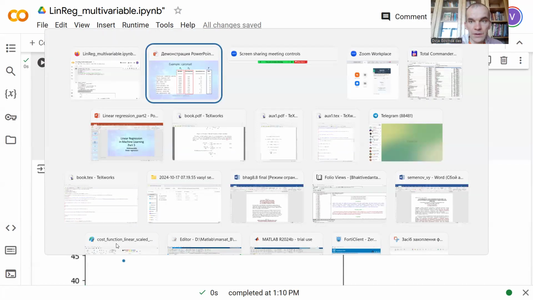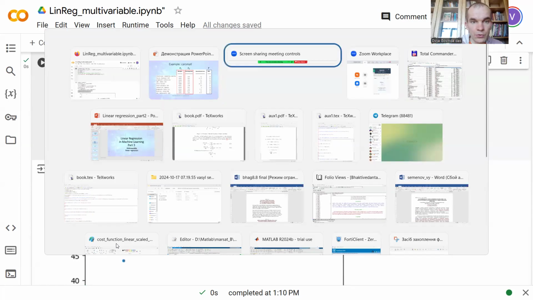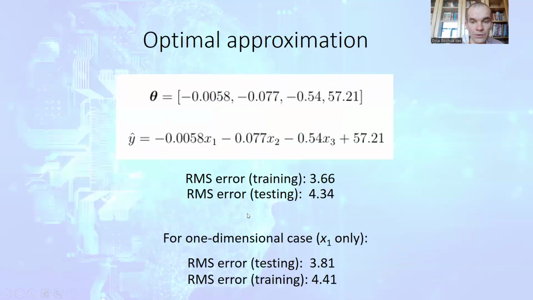Let us see how this corresponds to what we got in the one-dimensional case. In the one-dimensional case, considered in one of the previous videos, we got 3.81 and 4.41.